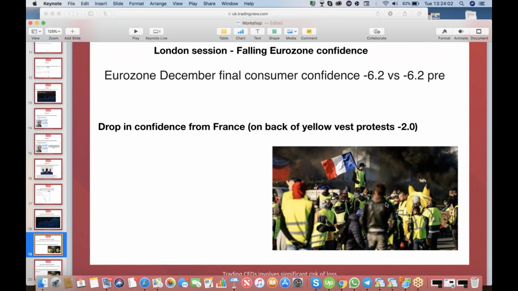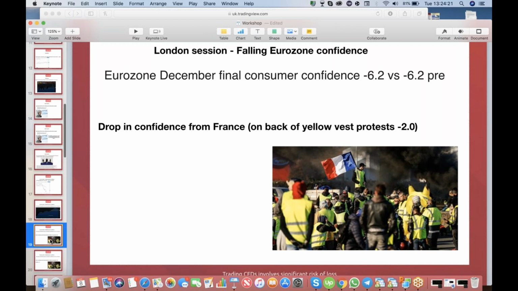If you've been following the news and the geopolitical events, you'll see that this Yellow Vest protest about fuel prices in France had a huge impact on the French economy, and it hit consumer confidence negatively, given a very negative feel across France. You can see that reflected in the consumer confidence.